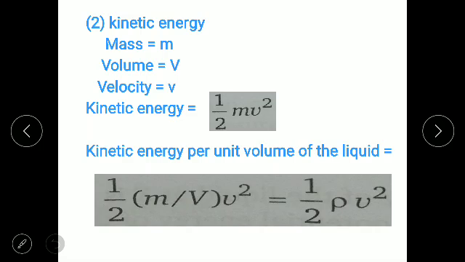Now kinetic energy per unit volume of the liquid will be half mv square divided by volume, okay, it is per volume of the liquid, so it is divided by V. Now as you know, density is equal to mass divided by volume. So in place of mass per volume, I am writing density. So this is what we get. This is the kinetic energy per unit volume of the liquid.